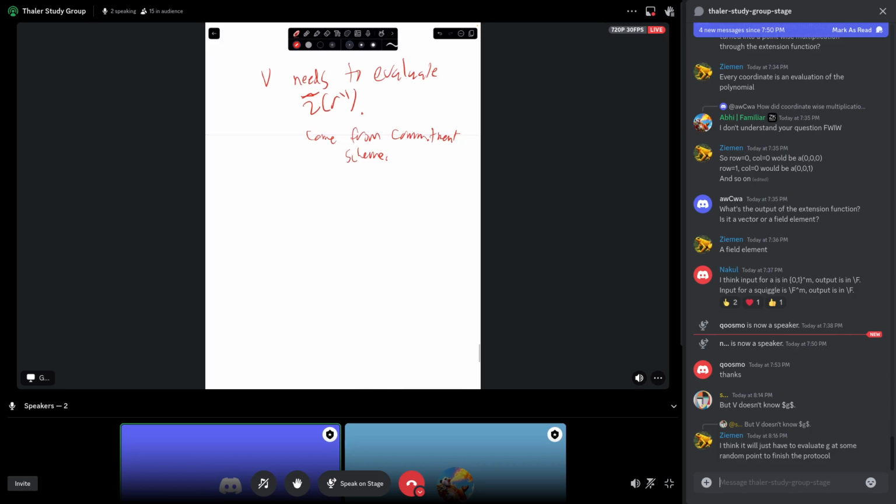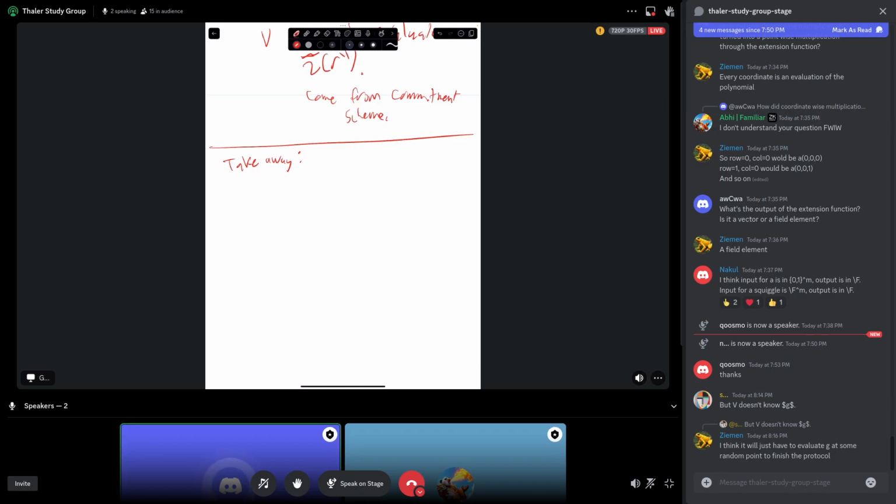Next time we will see how the sum check protocol actually works, but we covered this application in great detail. I'm not sure exactly how well it went, but the point was to see what the cost of the sum check protocol translates into in SNARK applications.